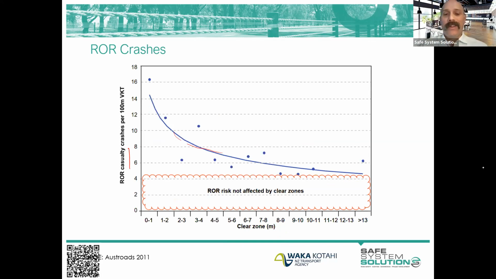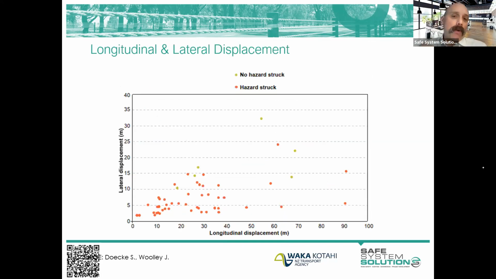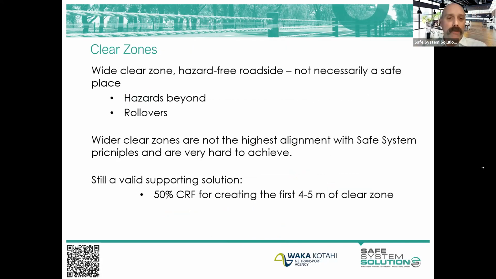So we know that people go well beyond these and strike hazards and rollover. So I'm jumping through this quickly. It's in your notes, and I've pointed you at a lot of research around this stuff anyway. So wide clear zones, a wide area free of hazards in the roadside, is not necessarily a safe place to be.